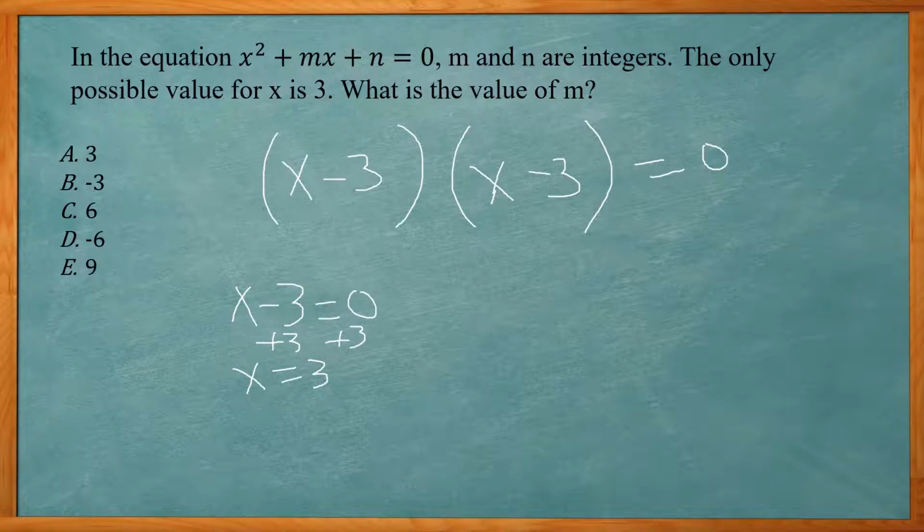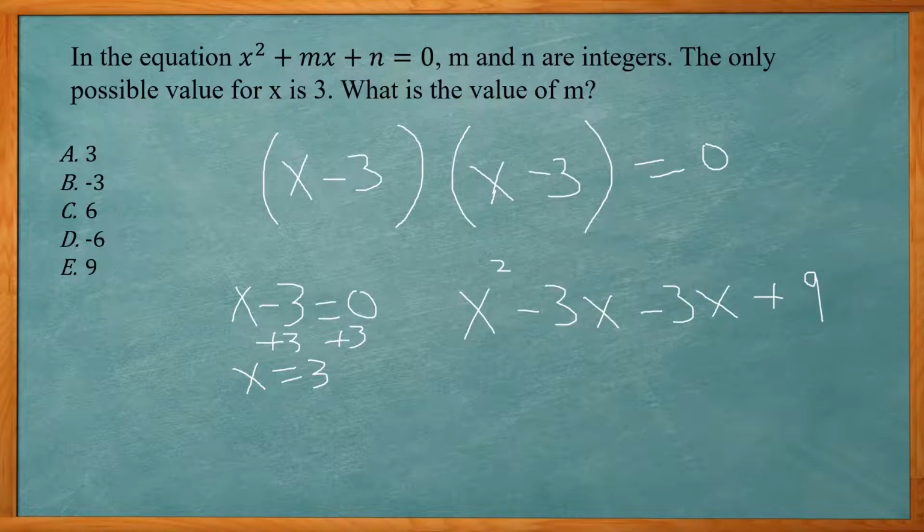Now if I multiply this out, FOIL, x times x is x squared. x times negative 3 is negative 3x. And negative 3 times x is negative 3x. And negative 3 times negative 3 is positive 9. Then combine like terms. So x squared minus 6x plus 9.